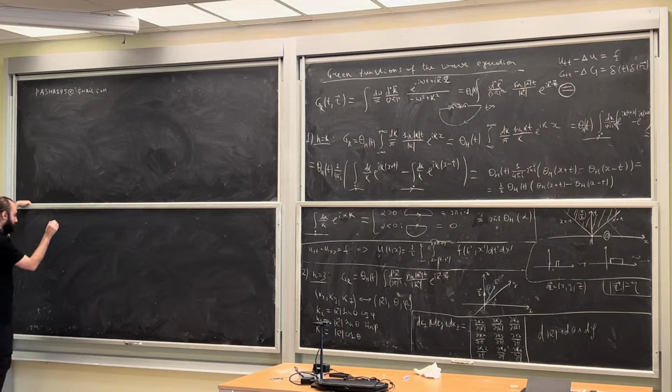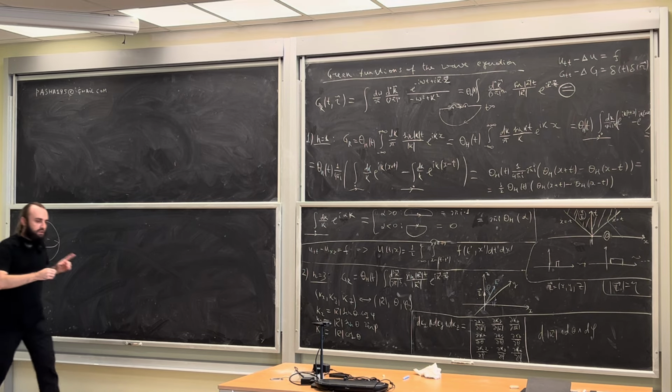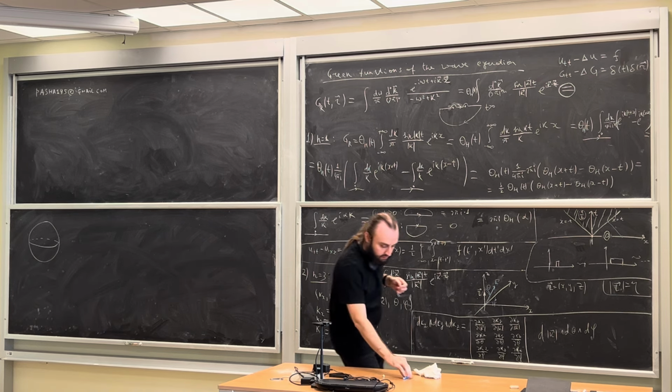So this picture looks like this. We have a sphere, and we have a belt that corresponds to a fixed value of theta.